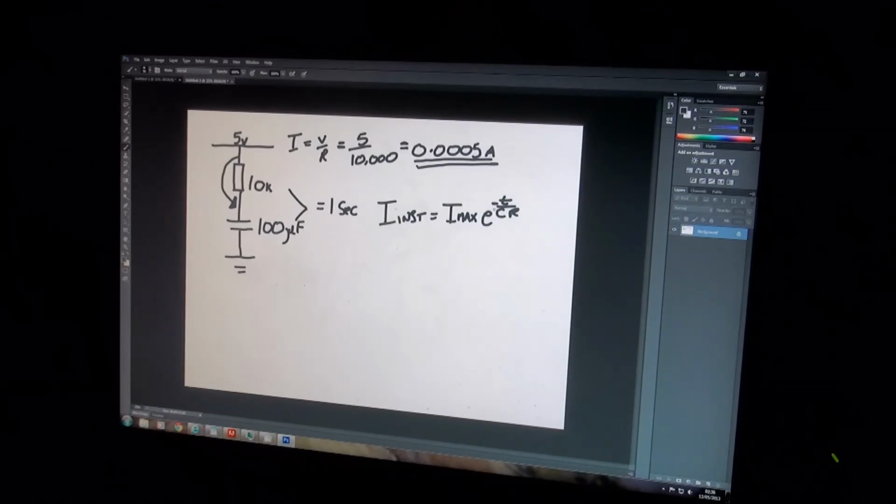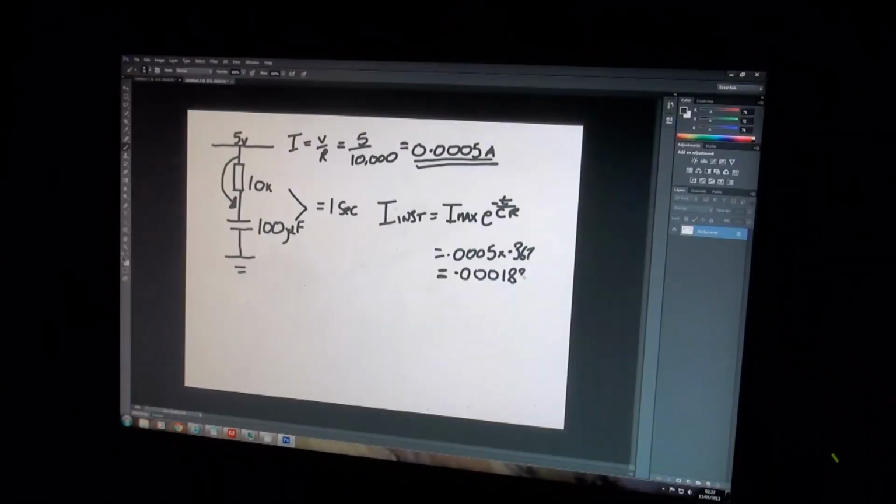We already know that e to the power of minus 1 is 0.367. So we can start off with 5 microamps times 0.367. So after one time constant, the current in this circuit will equal 1.83 microamps.